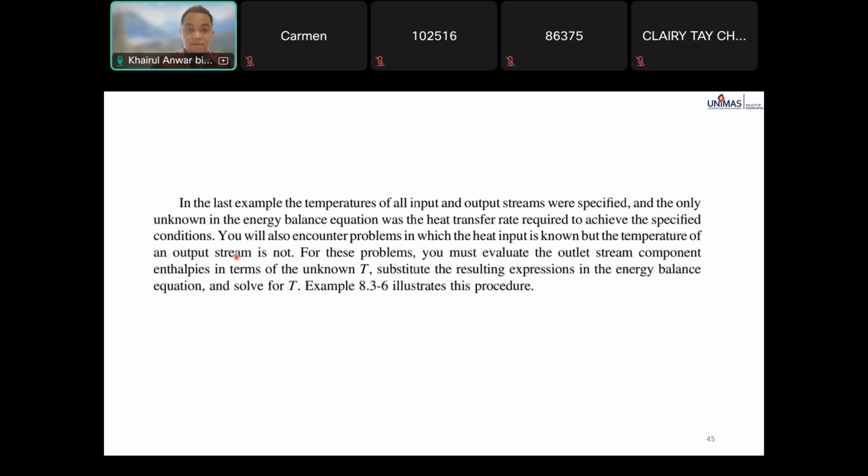In the last example, the temperature of all input and output streams was specified, and the only unknown in the energy balance equation was the heat transfer rate required to achieve the specified condition. You will also encounter problems in which the heat input is known but the temperature of an output stream is not.